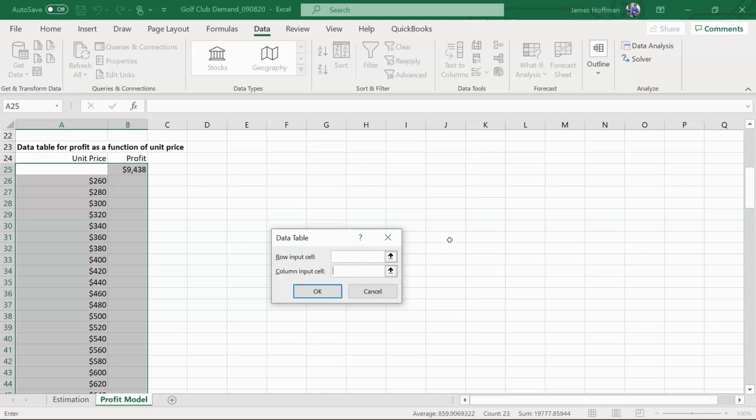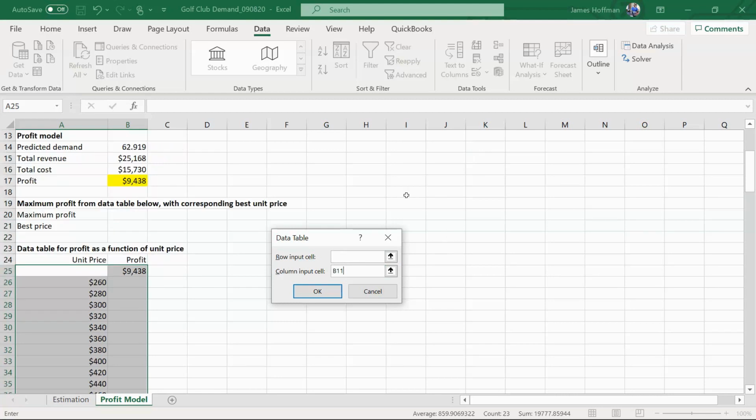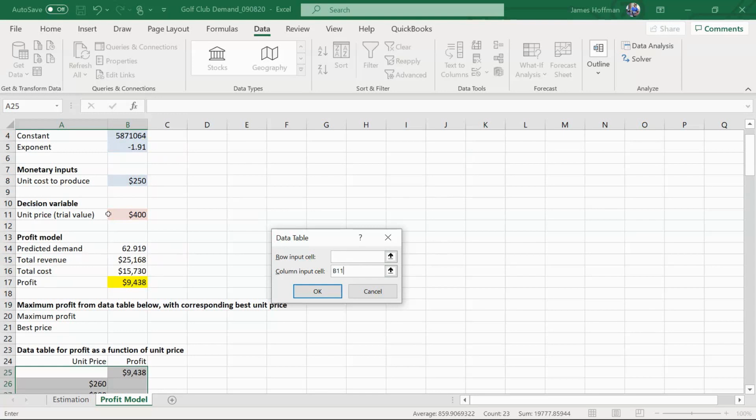The column input cell is B11, because we're changing the unit price, which is B11. So the row input cell is blank. Column input cell is B11. Then hit the OK button.